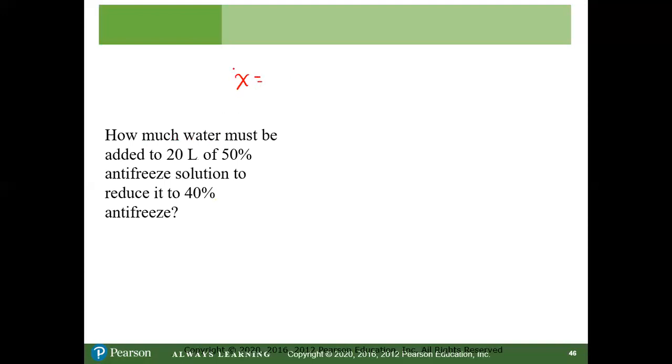So how much water? So this is going to be X, which is the amount of water.